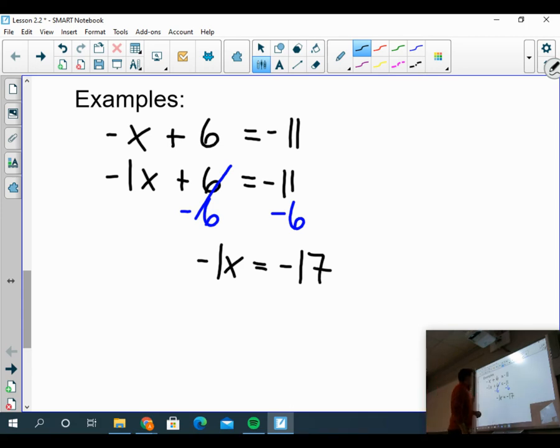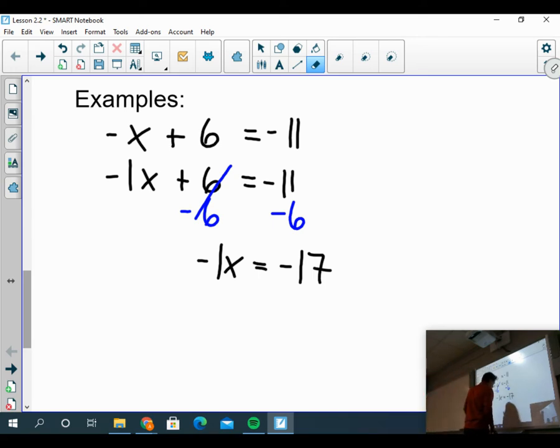Now I look at what's attached to the x. I see a minus 1 is attached to the x by multiplication. The temptation when you see this is maybe to add 1, but I don't want you to add 1, just like you wouldn't if there was a 2 or a 4 or a 5 there. You would divide by 2, 4, or 5 because it's being multiplied by the x.